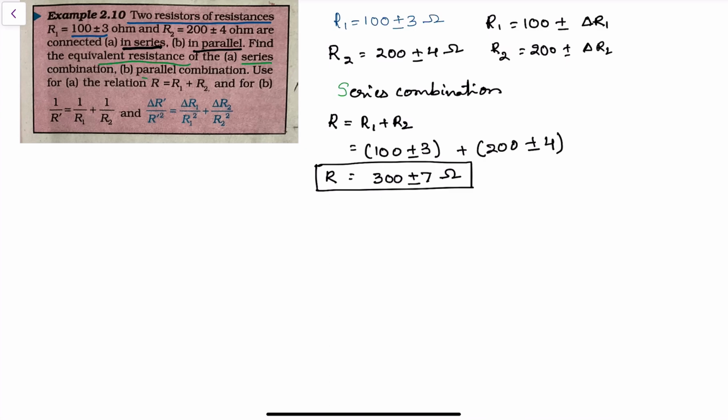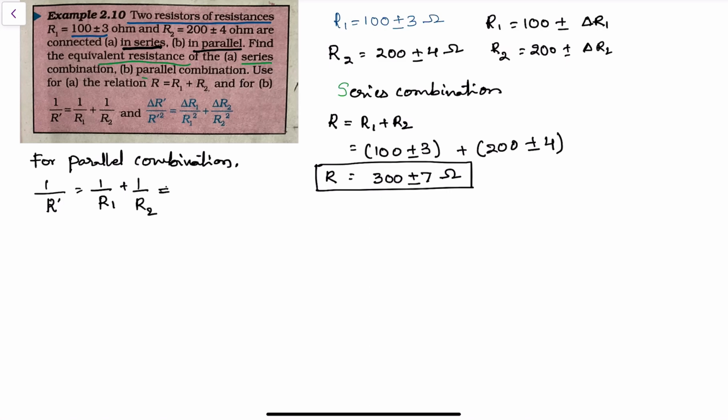For parallel combination, 1 by R dash, the effective resistance, is R dash is equal to 1 by R1 plus 1 by R2.